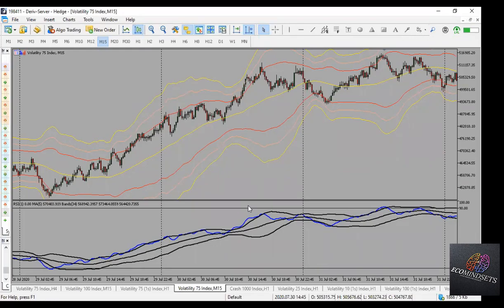Now, I have been cross-checking it with the Bollinger Band and the moving average 5 settings.